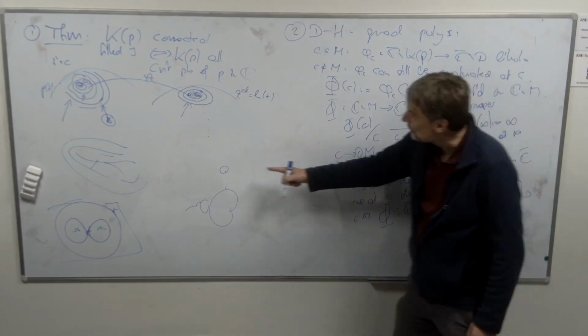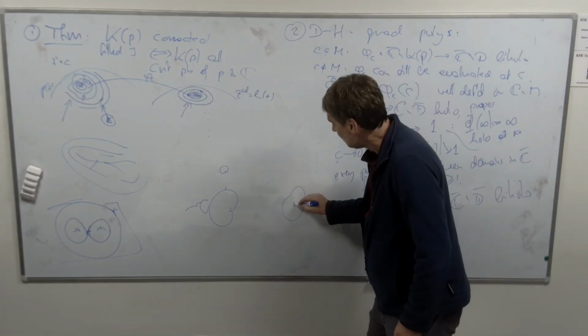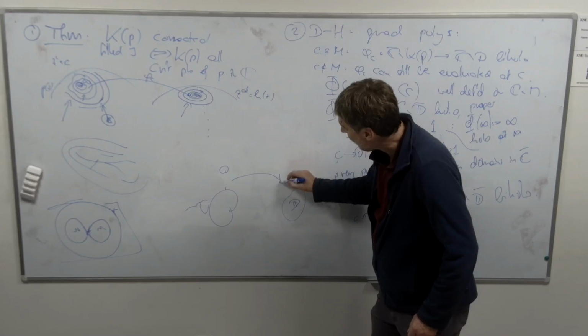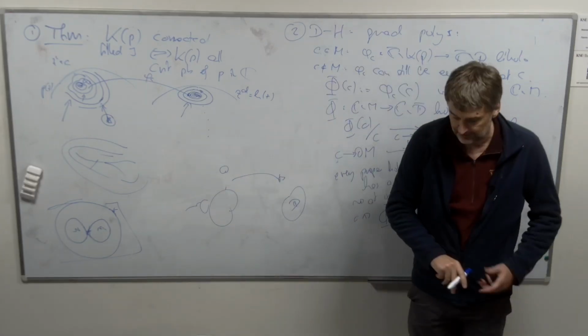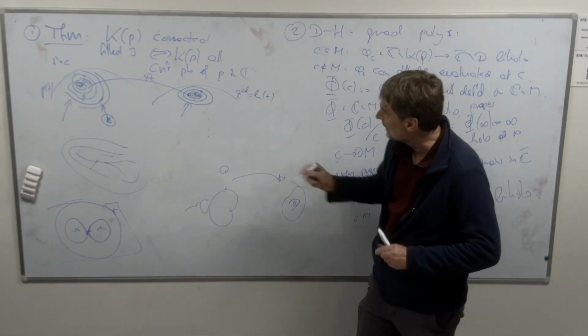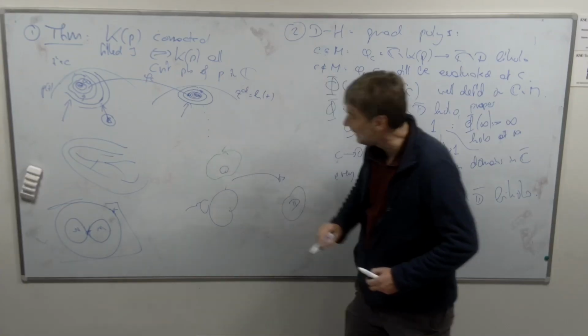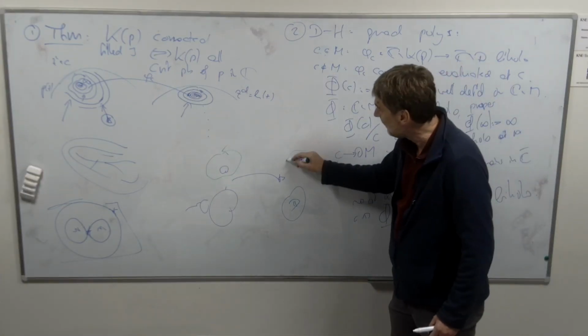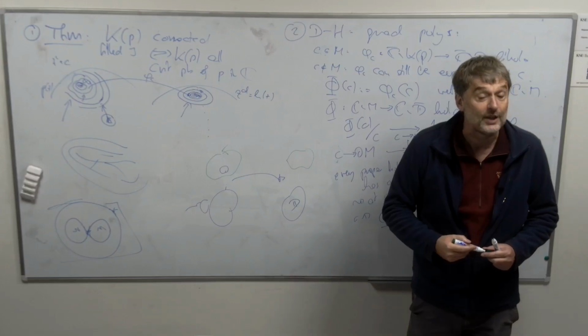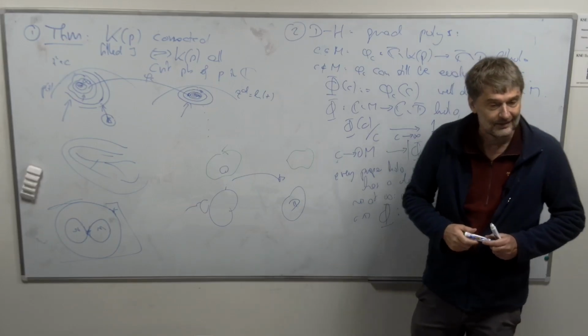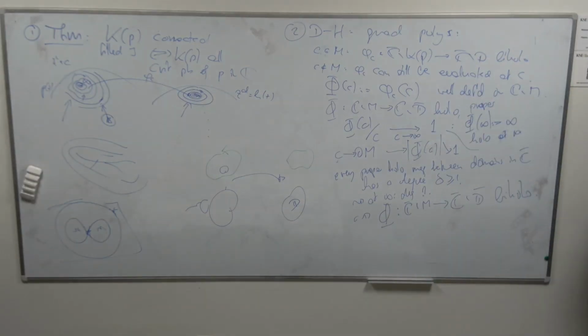So suppose it were not, then you have a biholomorphic map from the complement to the complement. If it's not connected, you would get a non-contractible loop here, which would imply a non-contractible loop here, which there isn't. Well, connectivity is a topological property, so you shouldn't be surprised to see a topological proof.